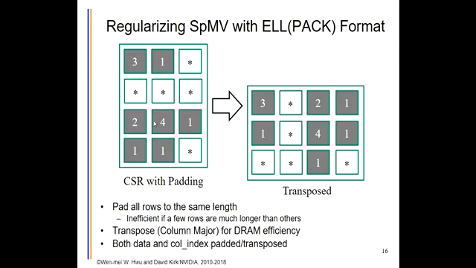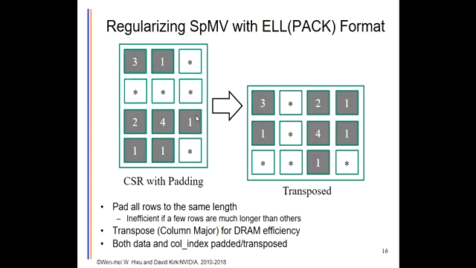We take the longest row and use that as the reference, and then we pad everyone else to the length of that row by adding zeros to the end of all the other rows. So we add 1 zero here, we add 3 zeros here, and we add 1 zero here. In the end, all the rows will be of the same length as the original longest non-zero row.